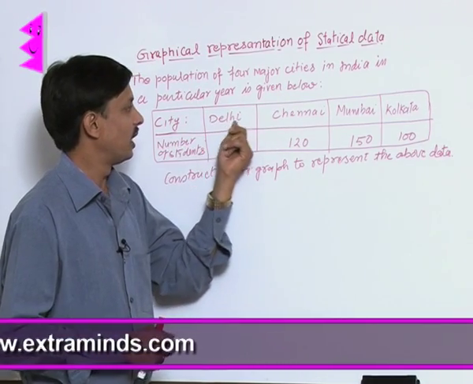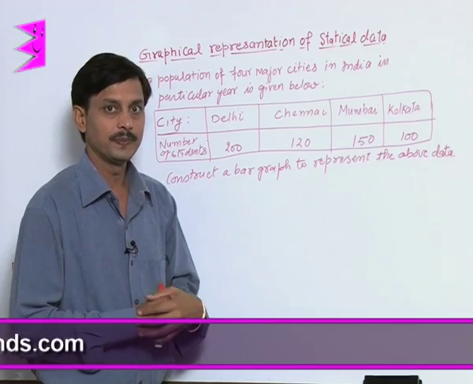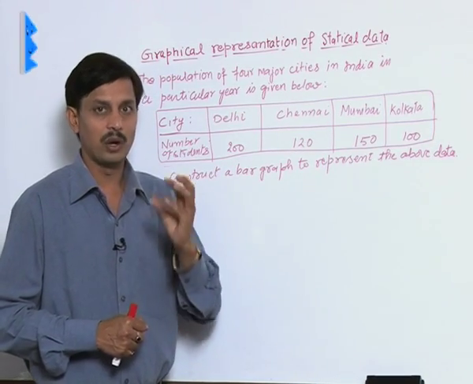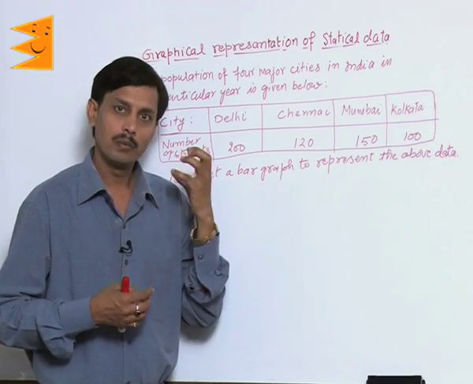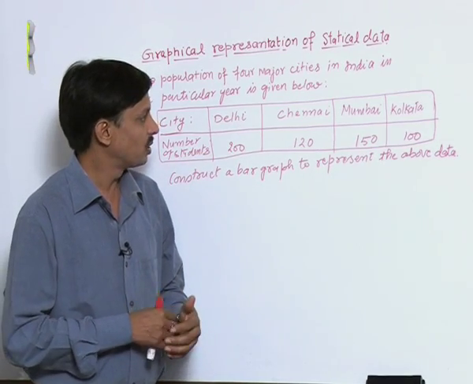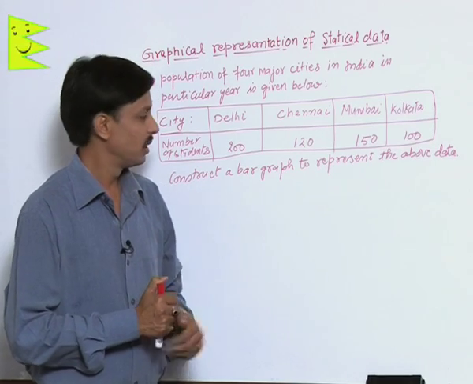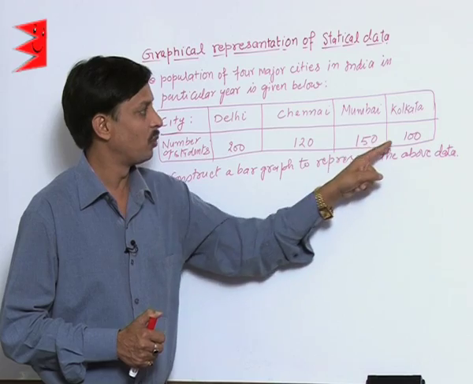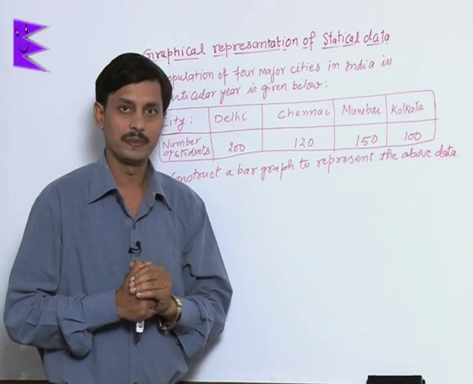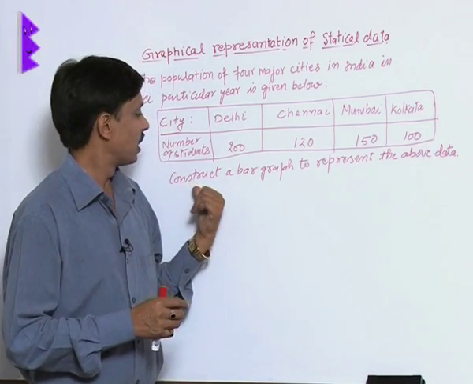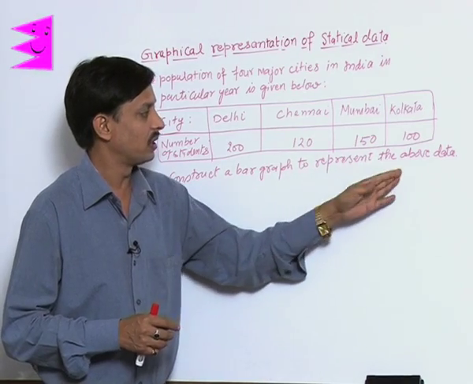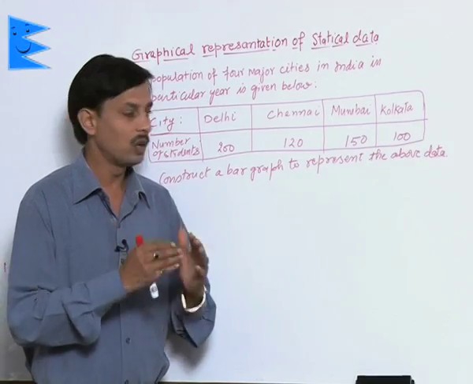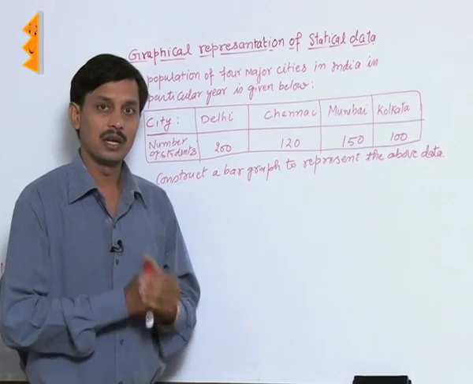The cities are Delhi, Chennai, Mumbai, Kolkata, 4 cities. Suppose it is the IAS exam: 200 from Delhi, 120 from Chennai, 150 from Mumbai and 100 from Kolkata. The question is, construct a bar graph to represent the above data.